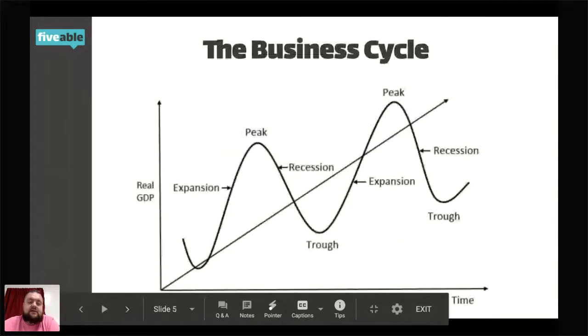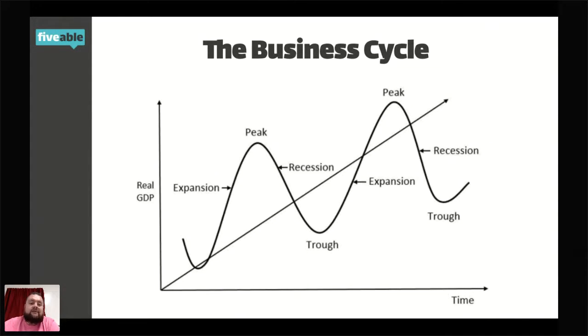Okay, so this is a little graph that I've used before on the business cycle. And what I want you to understand is this is basically how our economy works. Our economy has ups and downs, or booms and busts, as we call it. We go through periods of expansion, like you see here.